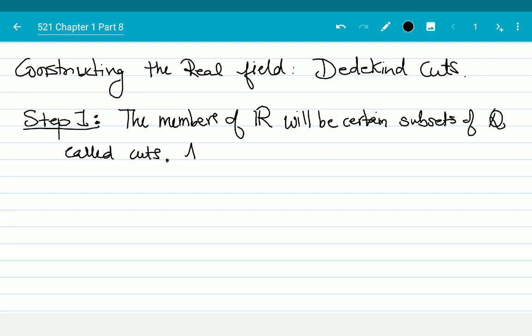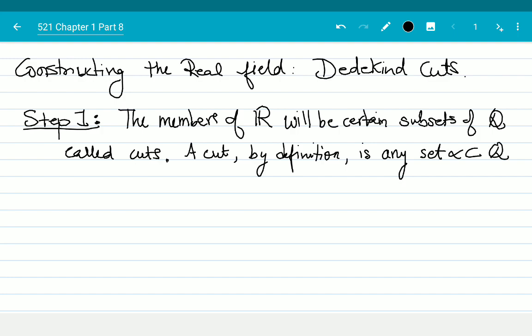And what is a cut? A cut is defined, by definition, as any set alpha which is a subset of Q with the following three properties.